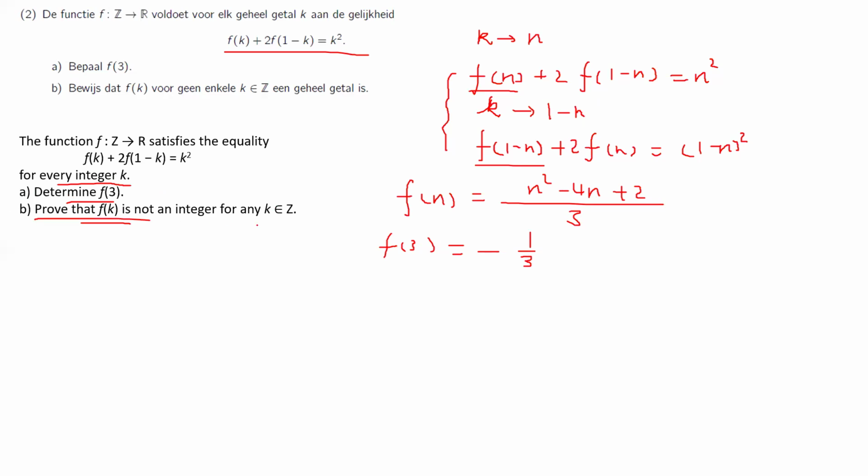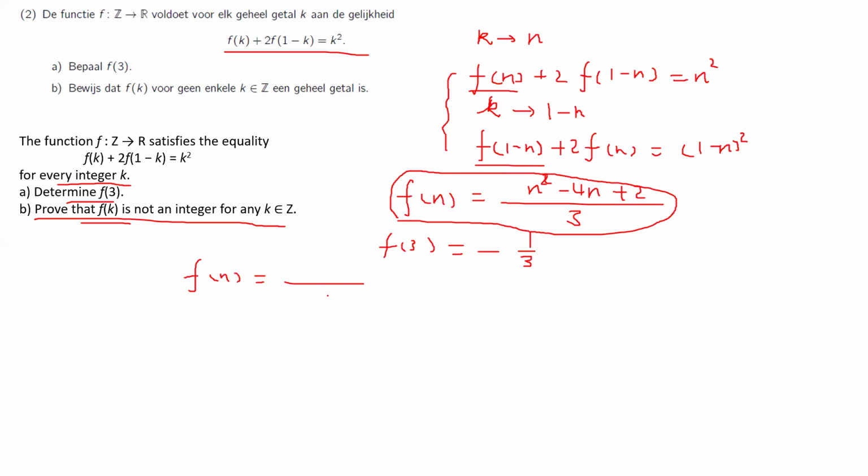For the second question, we have to prove that f(n) or f(k) is never an integer. Here we can just rearrange a little bit. f(n) equals (3n squared minus n minus 1) over 3, and then minus 3n plus 3.